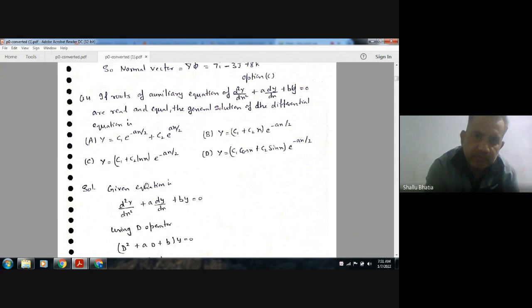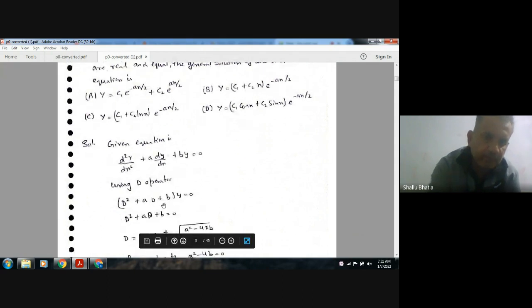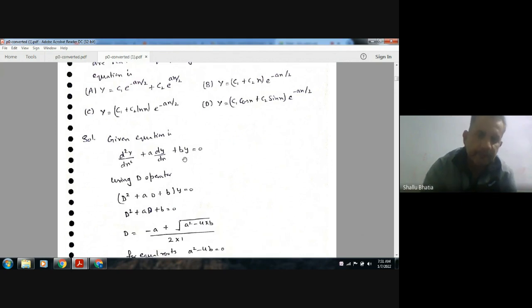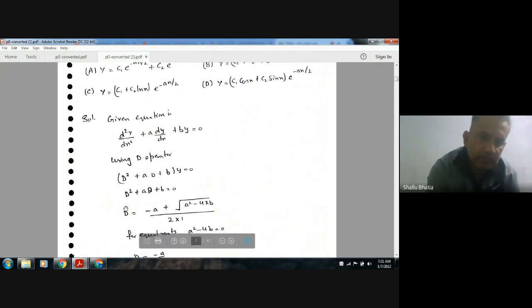Okay, the given differential equation is this. Using the D operator, we can put it as d square, dy by dx as d, taking y common out. So we can write d square plus ad plus b equals 0.